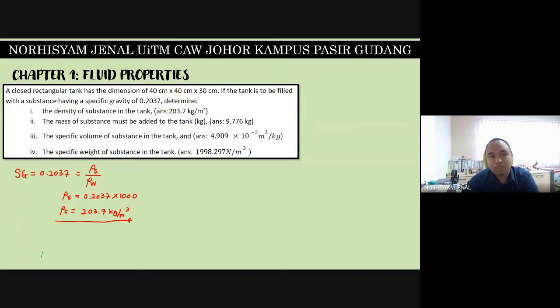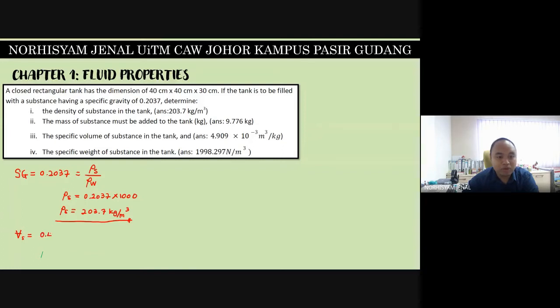Number 2, the mass of substance that must be added to the tank. We know the density, so we should be able to find the mass. How do you find the mass? Because we have the volume over here, you need to find the volume first. To make it easier, change everything into meters.